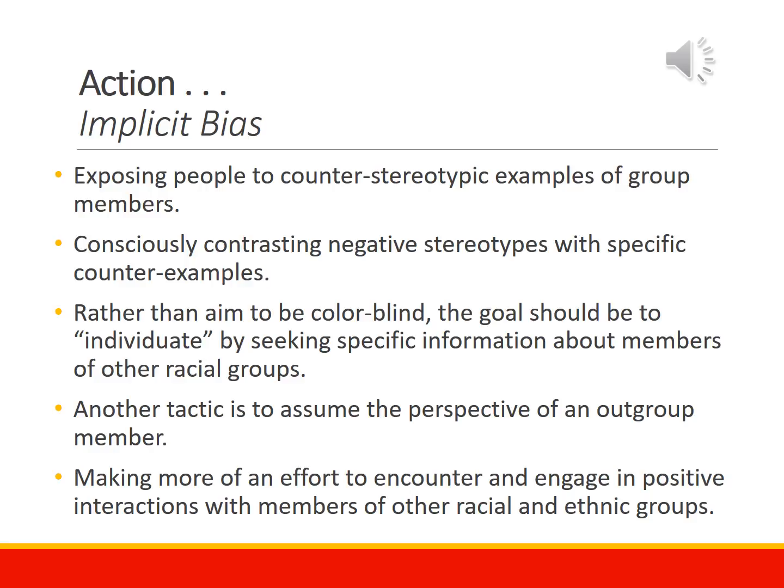By seeking specific information about members of other racial groups, this individuation allows you to recognize people based upon their own personal attributes rather than stereotypes about their racial or ethnic group. And this goes to empathy, or the idea of walking a mile in someone else's shoes.